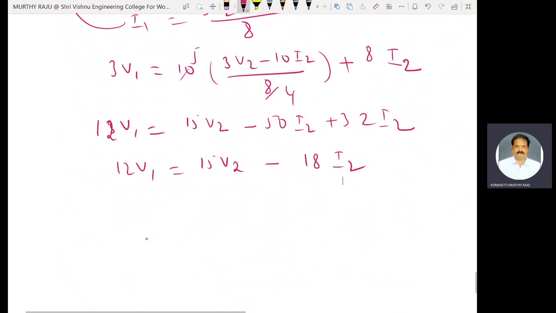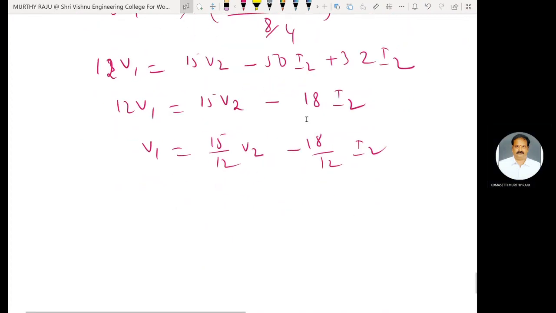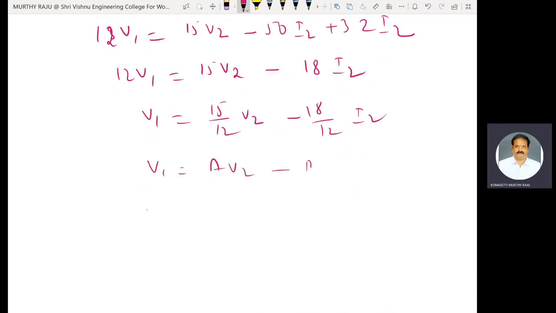V2, I2 form. Therefore, V1 is equal to 15 by 12 V2 minus 18 by 12 I2. Compare this expression to the first equation, V1 is equal to A V2 minus B I2. Therefore, A is equal to 15 by 12, and B is equal to 18 by 12 ohms.